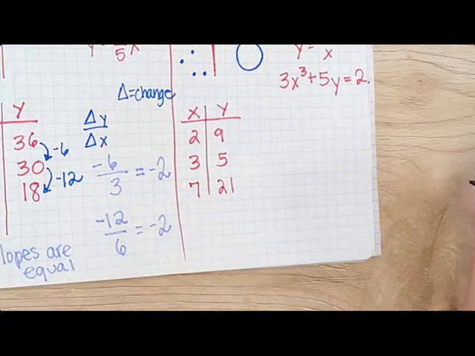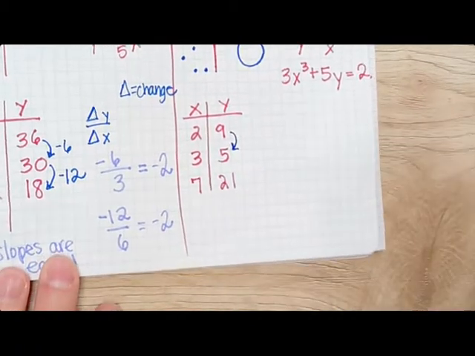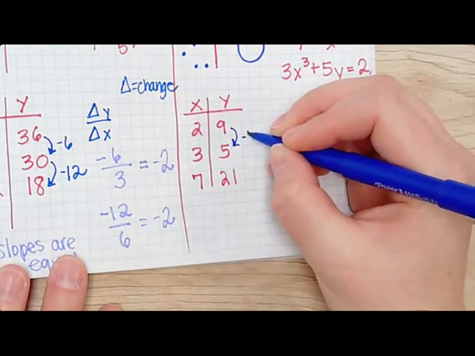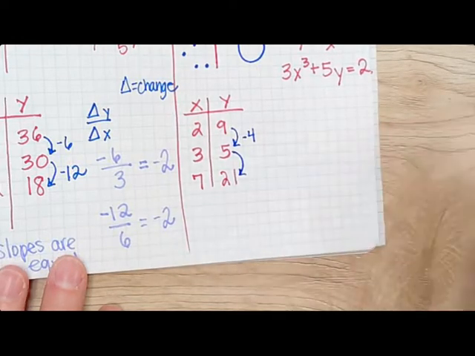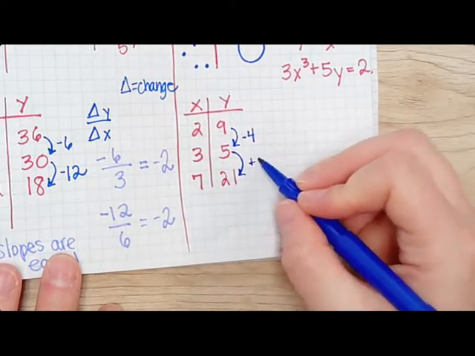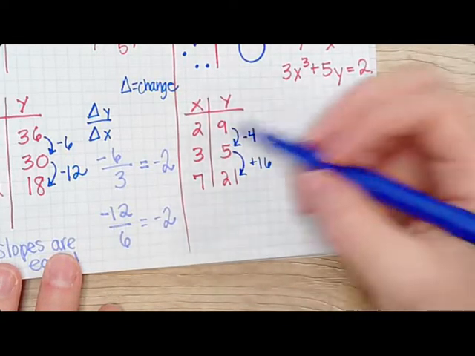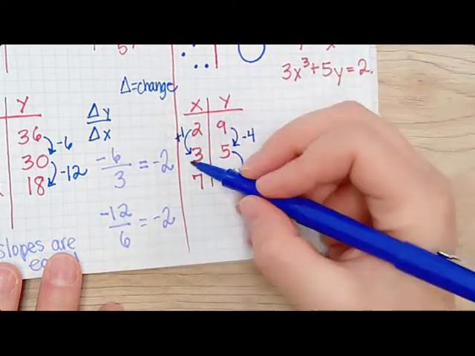So let's find our rate of change, constant rate. So 9 to 5. What is that? Minus 4. 5 to 21. Plus 16, yeah. Okay, and then we'll do our x's. 2 to 3. Plus 1. 3 to 7.